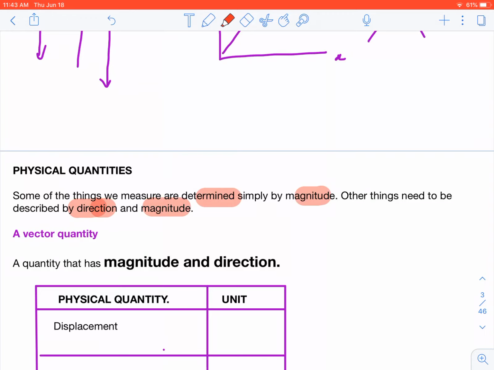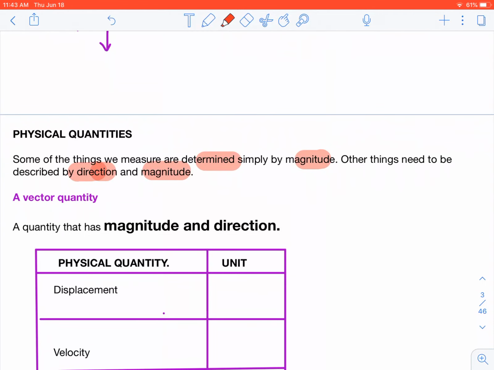So here we have a vector quantity, a vector quantity that has magnitude and direction. Okay, so a vector quantity has magnitude and direction. And because we're dealing with a physical quantity, it has a unit as well.